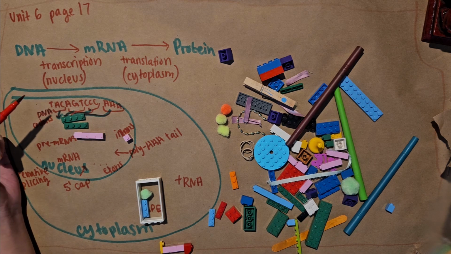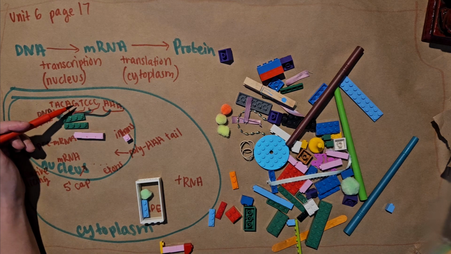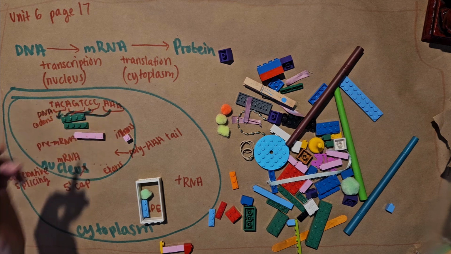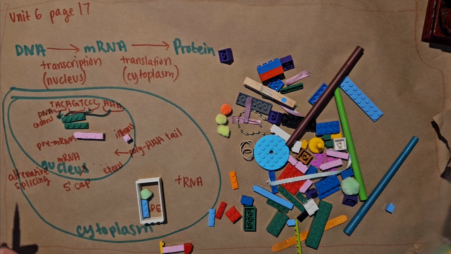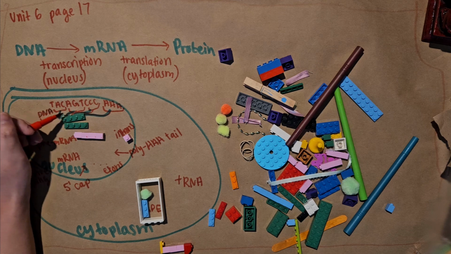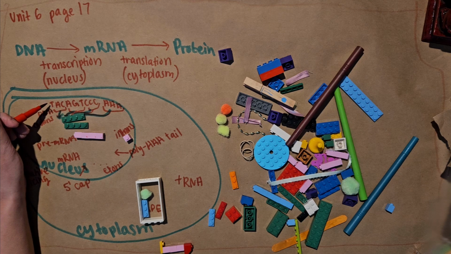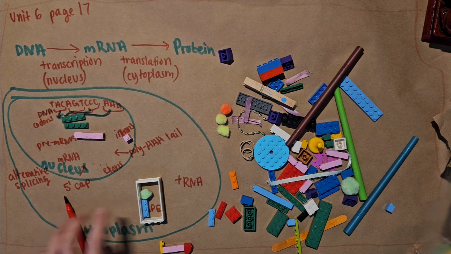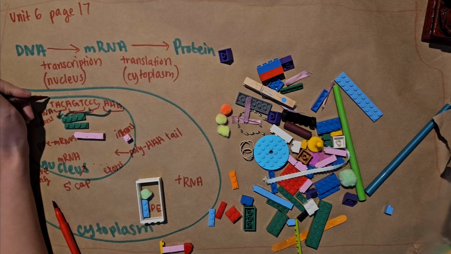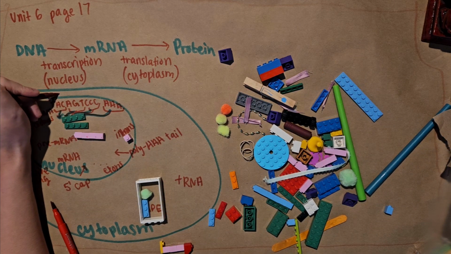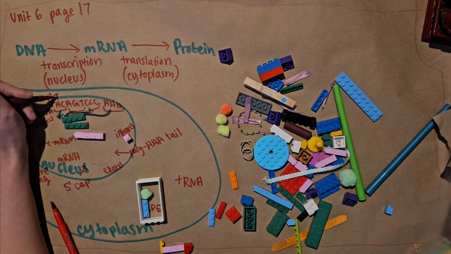So let's say that we have TAC, AGT, CCC, AAA. The code that would be complementary to that would end up being AUG UCA GGG UUU.